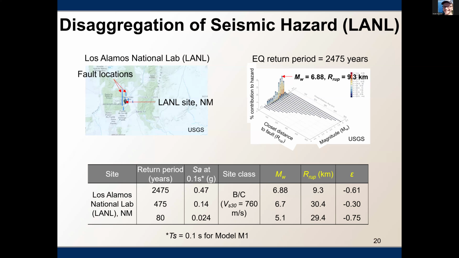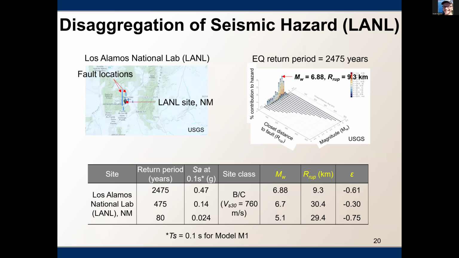I repeated this for 3 different return periods, considering the different levels of hazard at the sites. For the intensity measure, I used the spectral acceleration at the site period of the soil column, which is around 0.1 seconds. And I assumed the site class to be the D/C boundary, so this one. The magnitude of earthquake and fault distance, and this epsilon term, are the output from the disaggregation analysis.